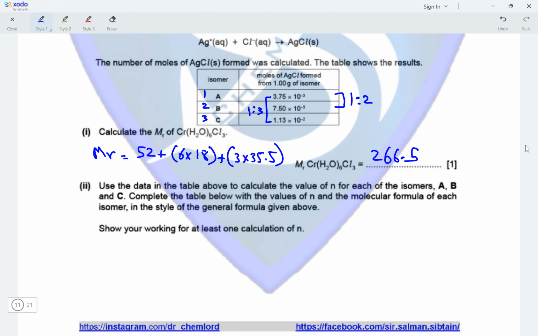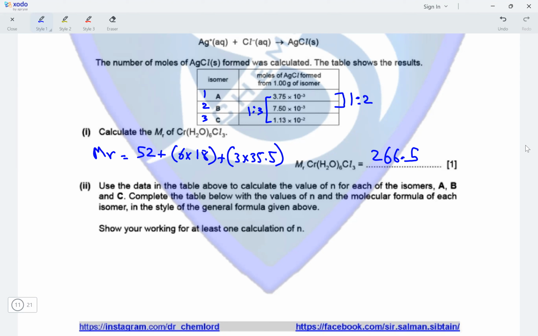Use the data in the table above to calculate the value of n for each of the isomers A, B, and C. Complete the table below with the values of n and the molecular formula of each isomer in the style of the general formula given above. Show your working for at least one calculation of n.